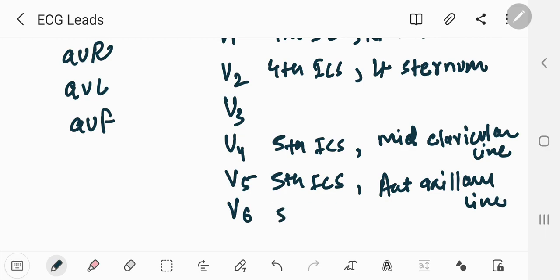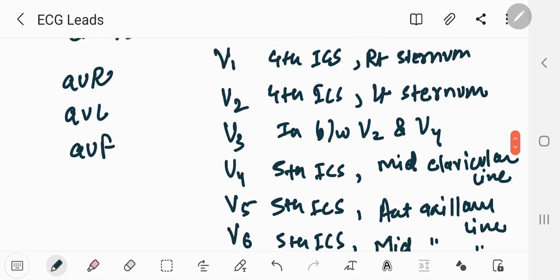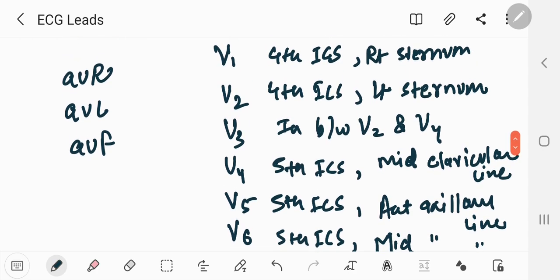And V6 is also on the fifth intercostal space, but this time it is the mid axillary line. V3 will be placed in between V2 and V4. So this is the position of the chest leads.